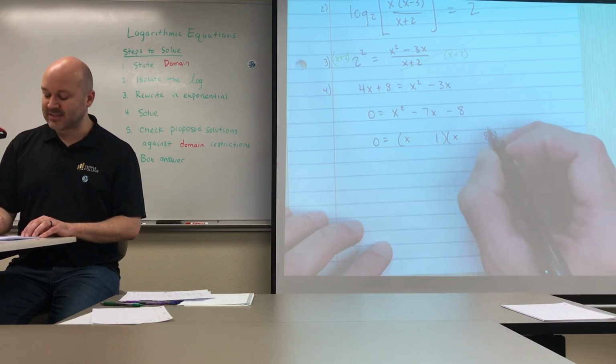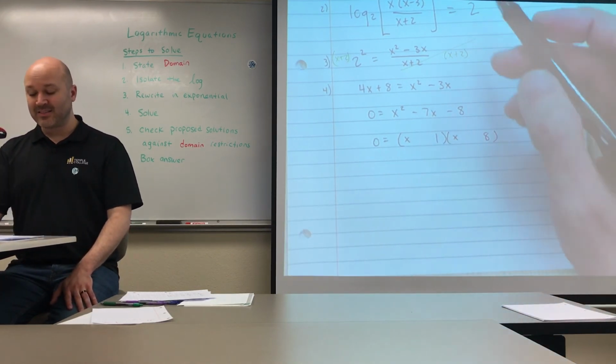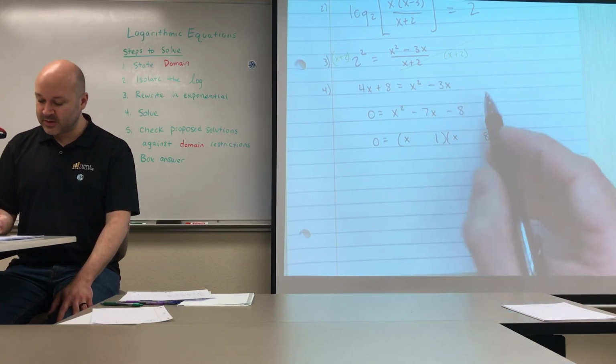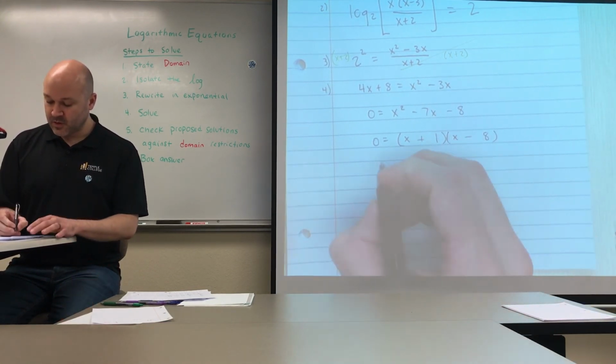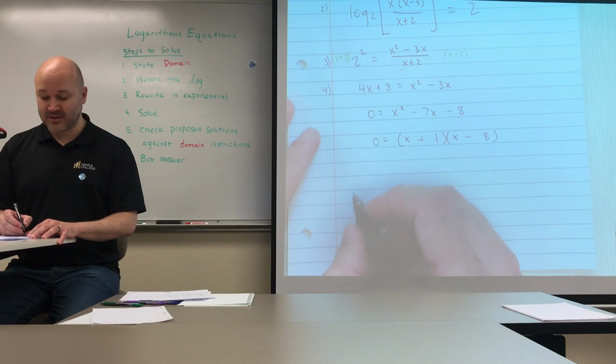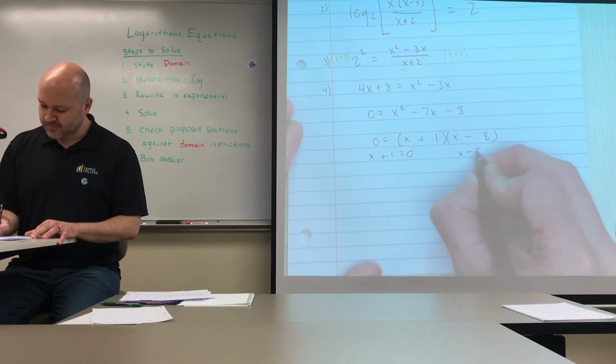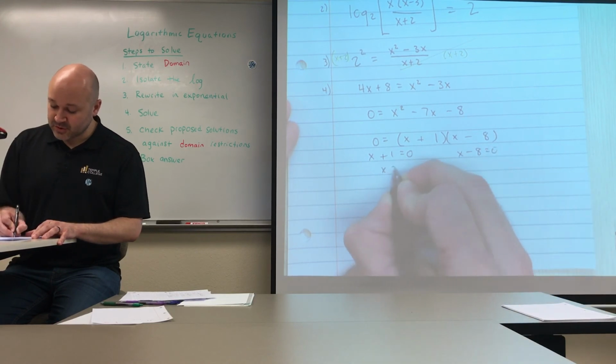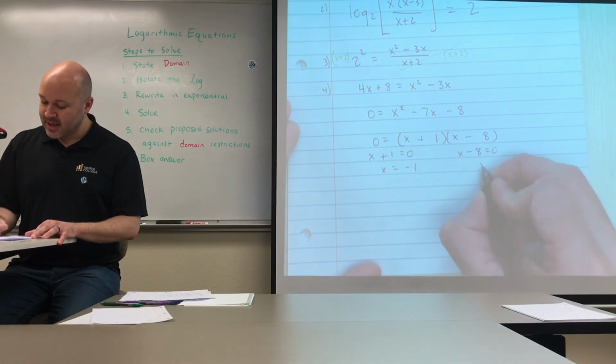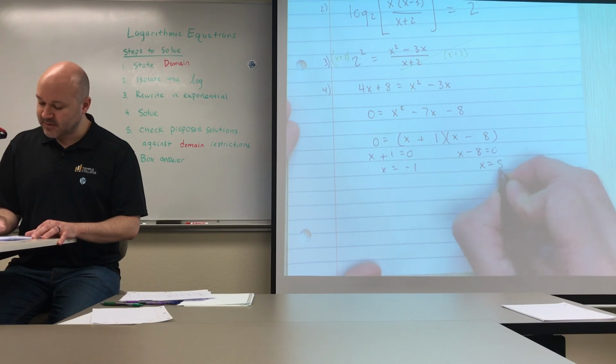Factors of 8 that sum to 7 will be 1 and 8. The signs need to be different, and the bigger one is negative. So now I can set each factor equal to 0. And I have two solutions. X equals -1 and x equals +8.